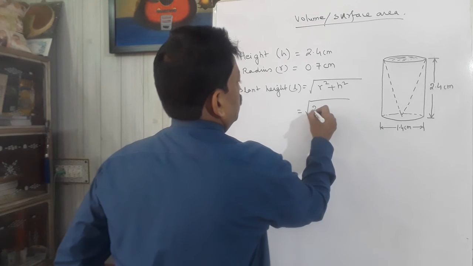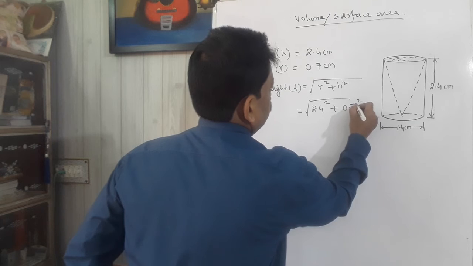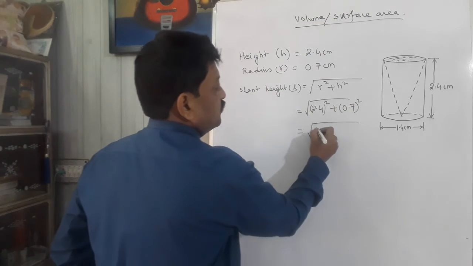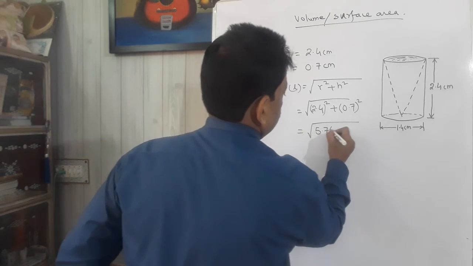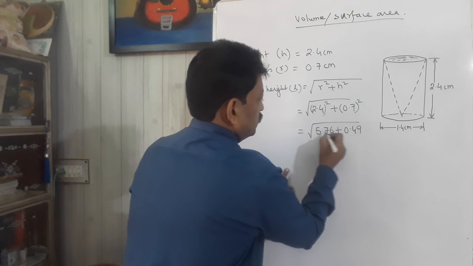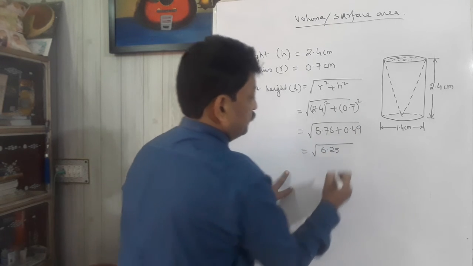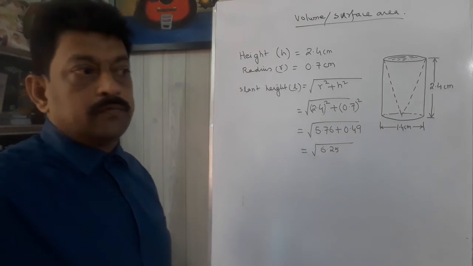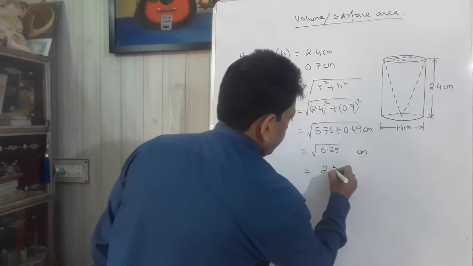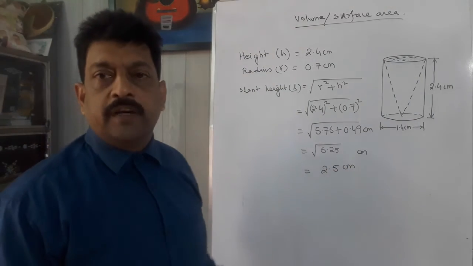So it is 2.4 square plus 0.7 square. 2.4 square is 5.76 and 0.7 square is 0.49. So it is 6.25. So it is 2.5 centimeter. So we have got the slant height as 2.5 centimeter.